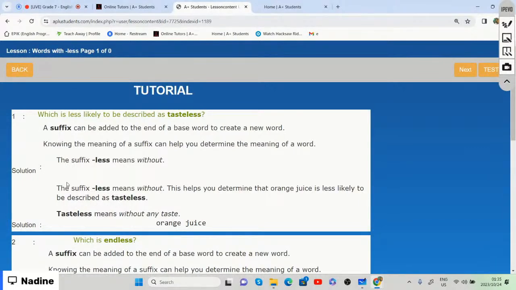And the suffix once again can be added to the end of a base word to create a new word. And knowing the meaning of a suffix can help you to determine the meaning of a specific word.